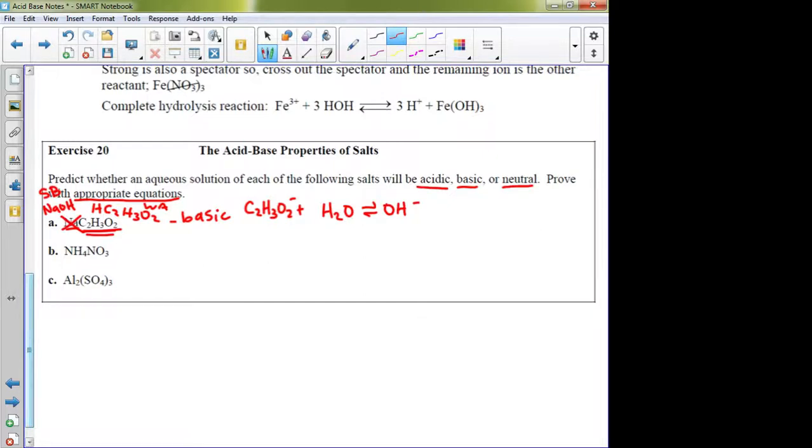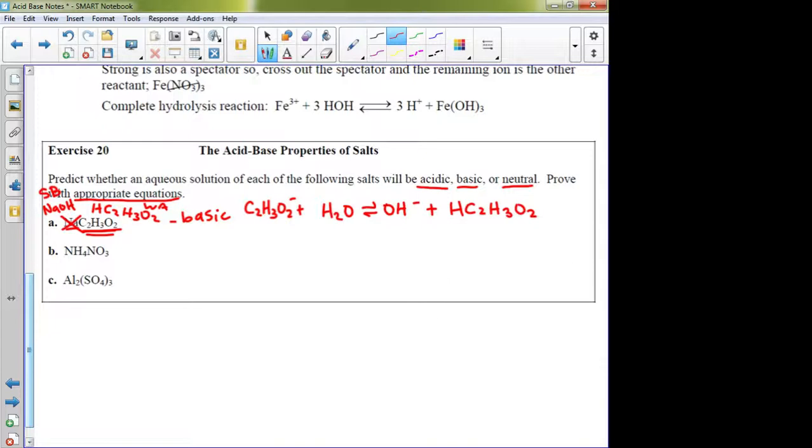All right. Which means what's going to be my final product? HC2H3O2. Do we see that? Yes, ma'am. So the water is acting as the acid in this situation.